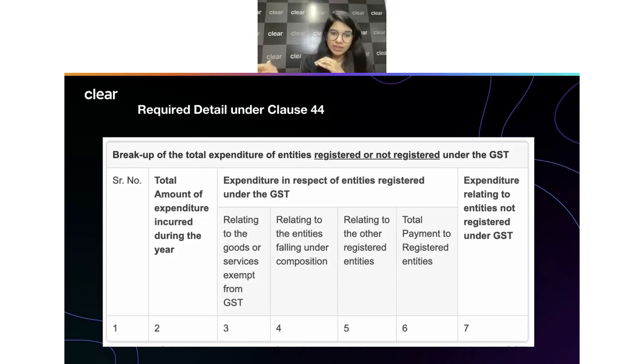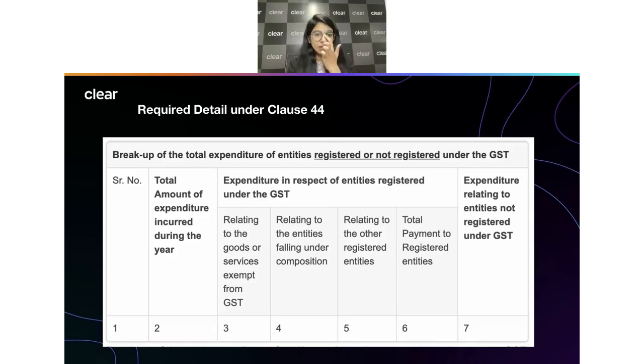Either you don't report it at all, or if you want to report it, then just report it in 2, and there would always be a difference between the expenditure reported in 2 and what we have shown in 6 plus 7. That is okay. You have to inform that as part of your disclosure. That is how you can report this information. So 6 is very clearly not a payment, it's just the total expenditure to the registered entity, and it's just the sum of 3 plus 4 plus 5. That is what we have to show in 6.